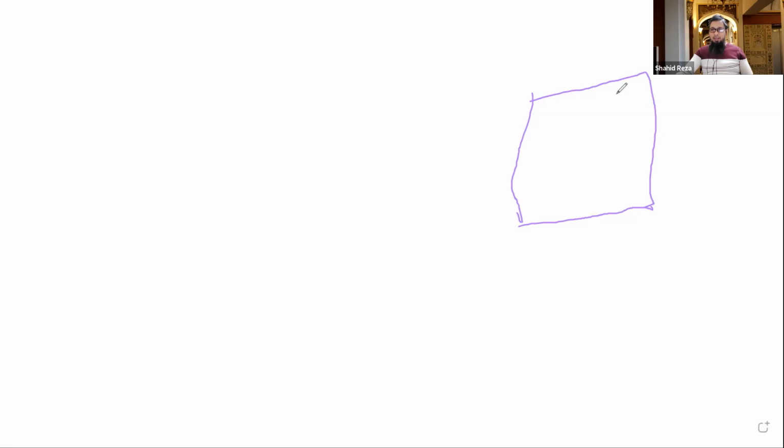So let me draw a rectangle, and I am assuming a project, and the scope of the project is, say this is 4 walls of a big conference room. So these are the 4 walls of the room, and our scope is to color the walls.